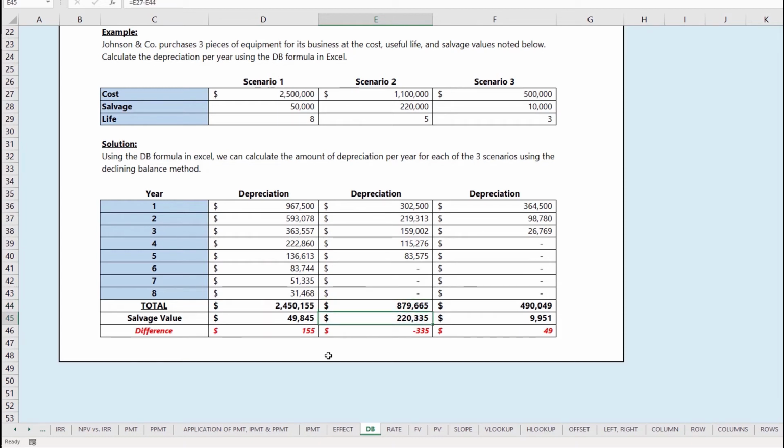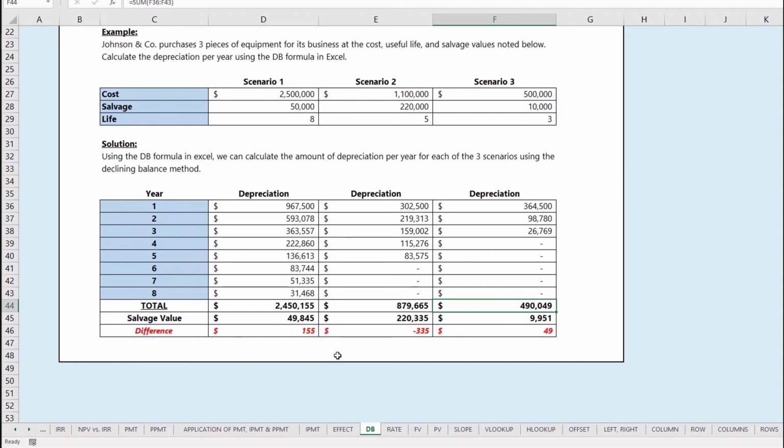The salvage value is $220K, and the difference is $335. The depreciation under scenario 3 is $490,049, which leaves a salvage value close to our approximation of $10,000. It actually becomes $99.51 with a small difference.